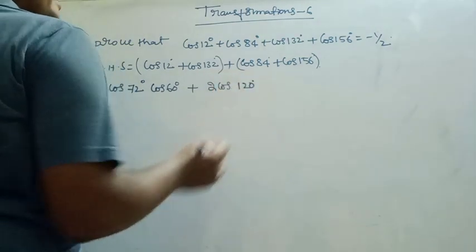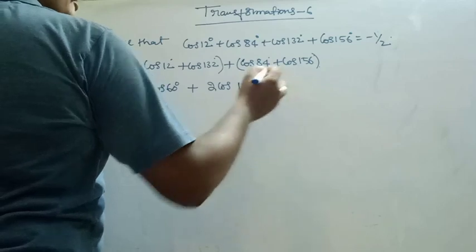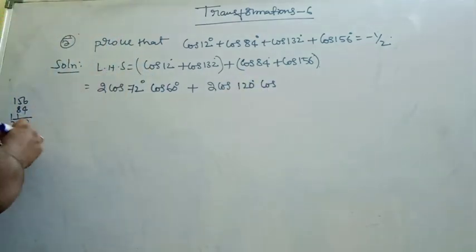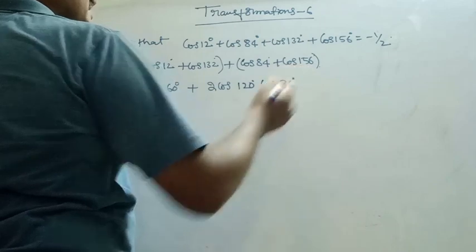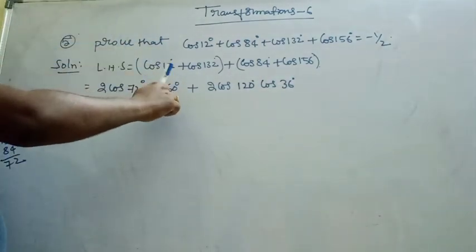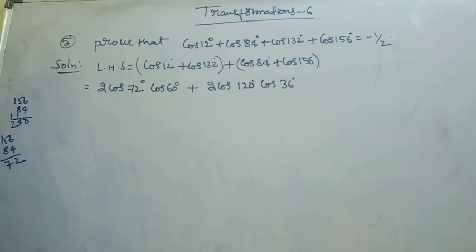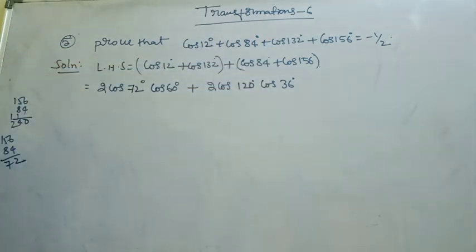Then cos (C minus D) by 2: 84 minus 156 is minus 72, by 2, that is nothing but 36 degrees. We just applied the same formula here, of course. So 2 cos 120 cos 36 degrees.